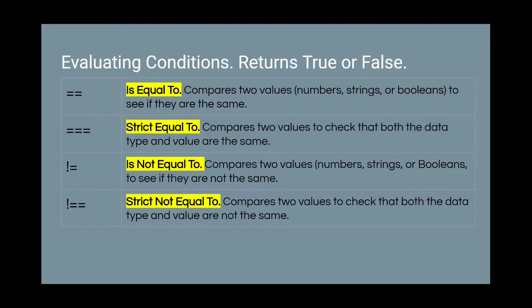The triple equals basically says, look, I'm very strict about it. Not only must these two values be correct, but the data types also must be correct. And if you remember learning previously, data types are like string and integers and whatnot, okay? So we have a double equals and a triple equals. So pause the video, write them down, and then come back when you're ready.